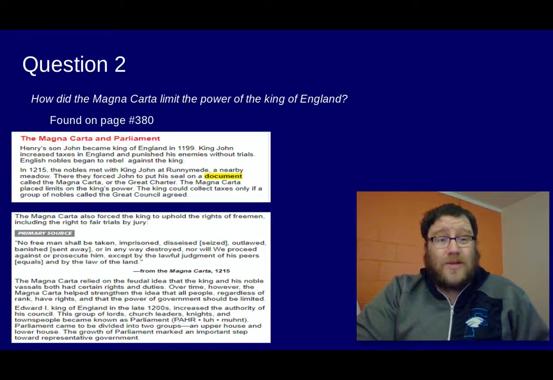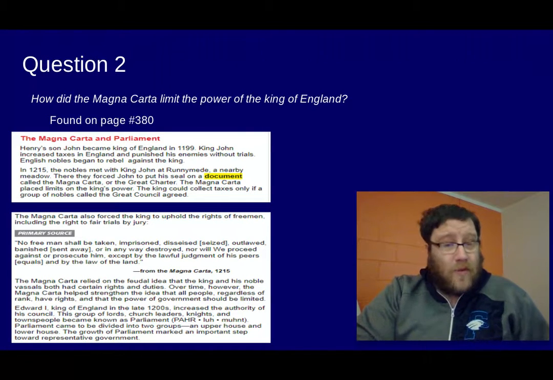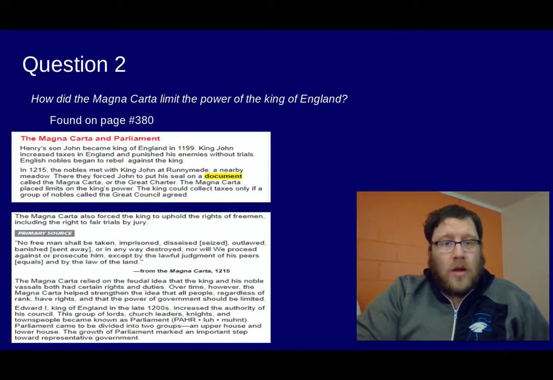So that really answers our question. You can keep reading about it. There's a nice quote there from the Magna Carta. It says, "No free man shall be taken, imprisoned, seized, outlawed, banished, or in any way destroyed. Nor will we proceed against or prosecute him except by the lawful judgment of his peers, and by the law of the land."